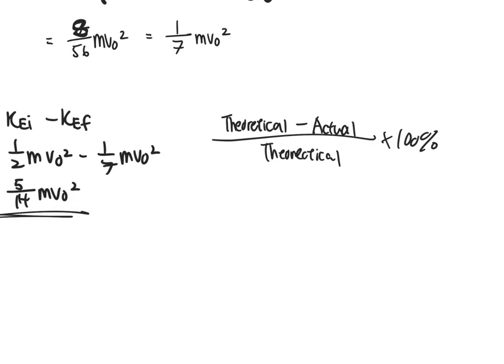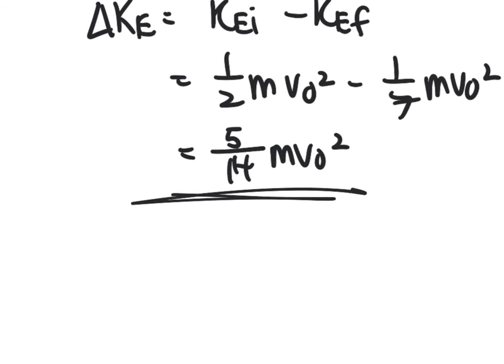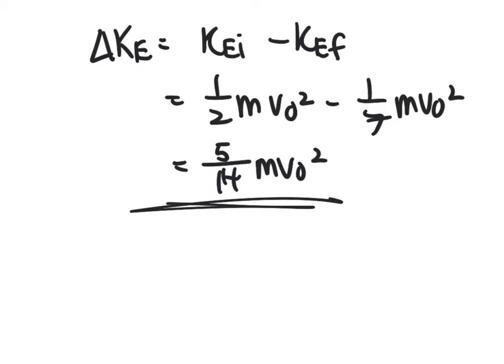That's going to be your percentage. So in this case, this Ki is going to be your theoretical. This is going to be your actual value. So this is going to be our difference.